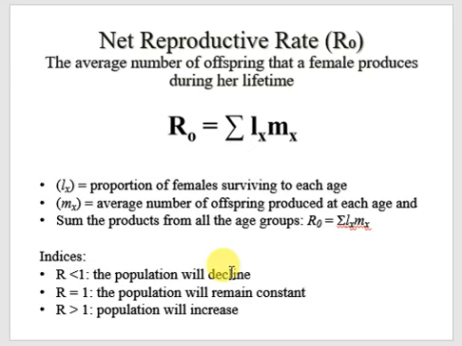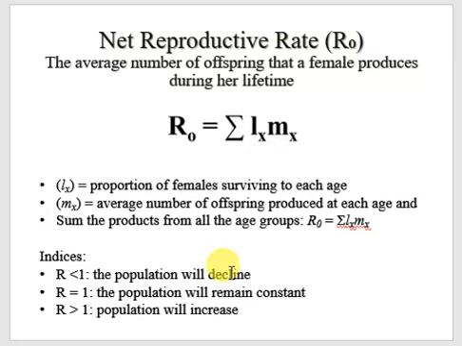Some will have higher death rates at certain ages, but generally there's mortality at every age. So you have to generate these net reproductive rates based on those differences across age classes.